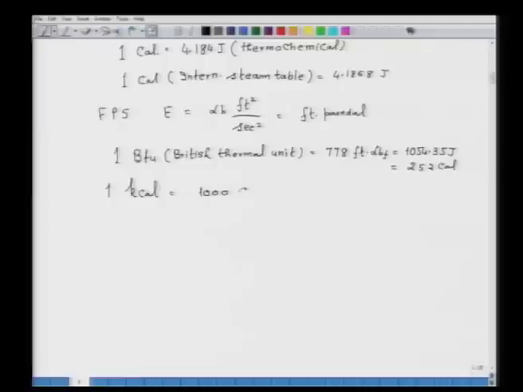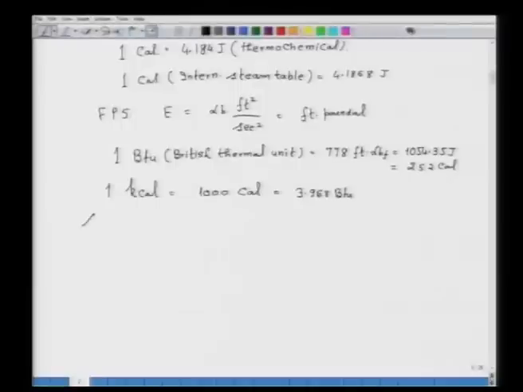I do not need to write it, all of you know, but just to complete my lecture, it is also equal to 3.968 BTU. Now, I have purposely included the FPS system because many old books are still very good. The problems and the various quantities are given in the FPS system in many good books. So, that is why I thought to include the FPS system also in my lecture.